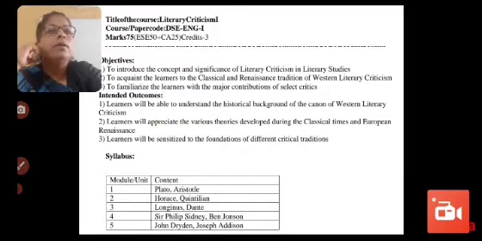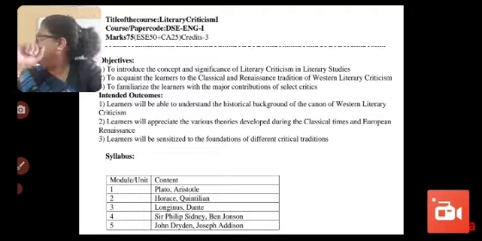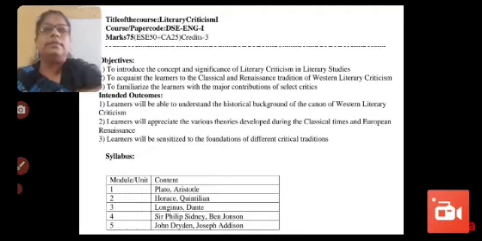So this paper is to introduce the concept and significance of literary criticism in the study of literature. That is the first objective.